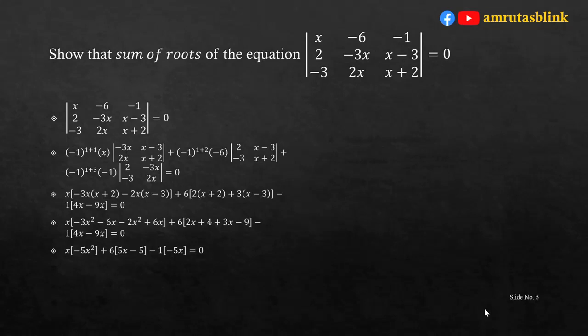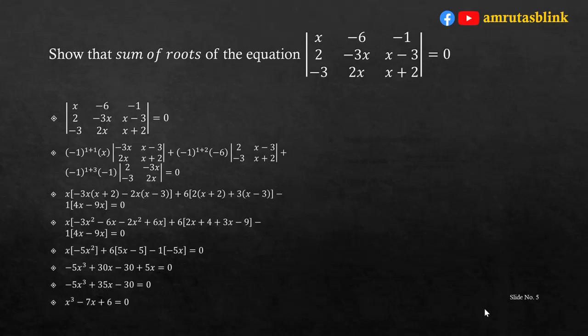Hence, x into bracket (-5x² + 6) into bracket (5x - 5) - 1 into bracket (-5x) is equal to 0. Hence, we have got -5x³ + 30x - 30 + 5x is equal to 0, that is -5x³ + 35x - 30 is equal to 0.